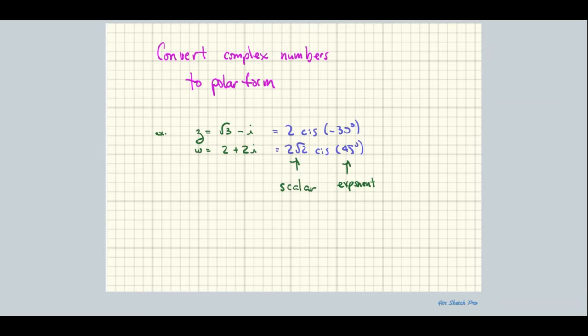When I say 2 cis negative 30 degrees, I mean 2 e to the i negative 30 degrees. That negative 30 degrees is an exponent. And I write negative 30 degrees, but you can't use degrees in an exponent.